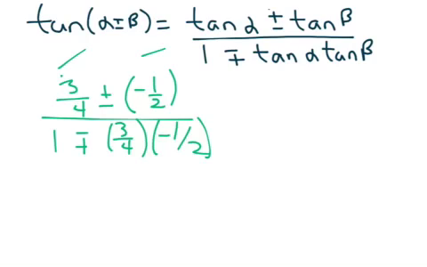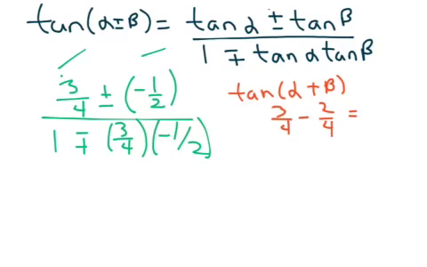3/4, we have two separate solutions. Tan of alpha plus beta would be 3/4 minus 2/4, which gives me 1/4. And then down here we have two negatives make a positive, so we have 1 plus 3 over 8.